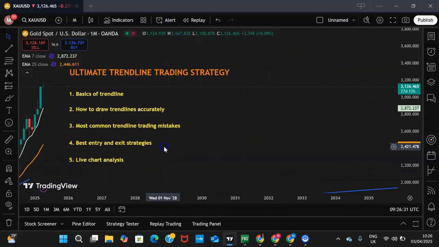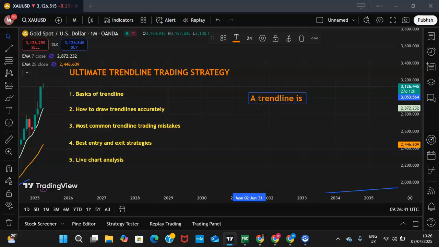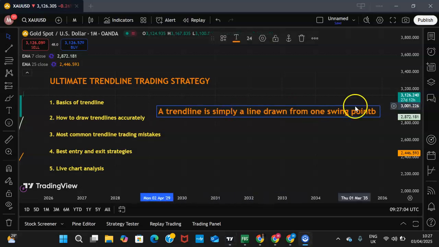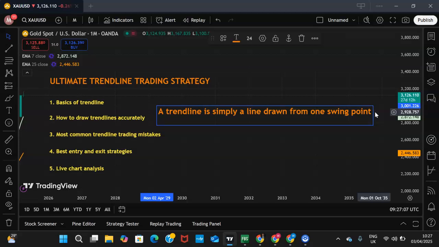Now, like I like to say, a trend line is simply a line drawn from one swing point on the charts to another swing point.